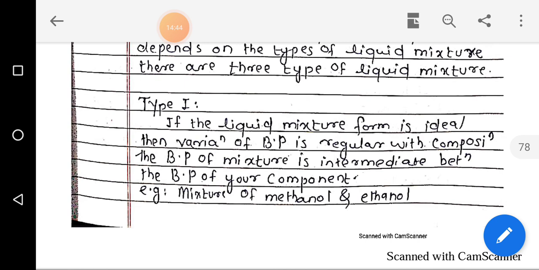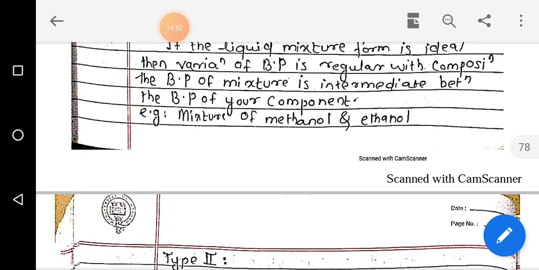The boiling point of the mixture is intermediate between the boiling points of its components. The example of this is the mixture of methanol and ethanol.